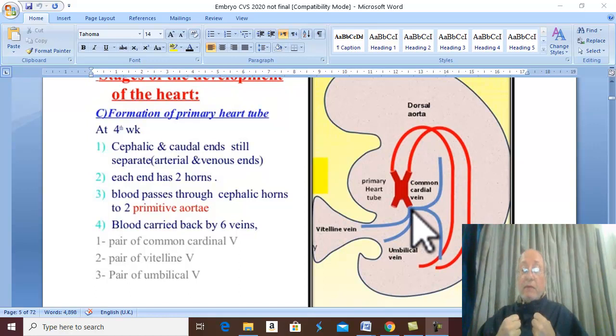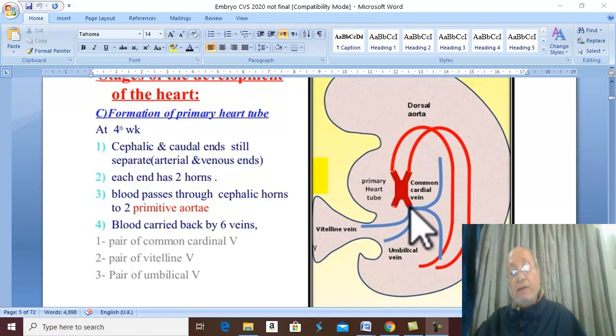The incoming blood is the venous return to the primary heart tube. The venous return comes to the two caudal horns. Each caudal horn receives 3 veins.